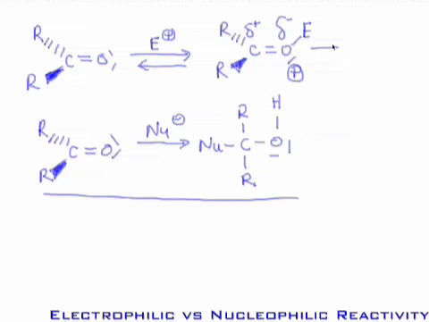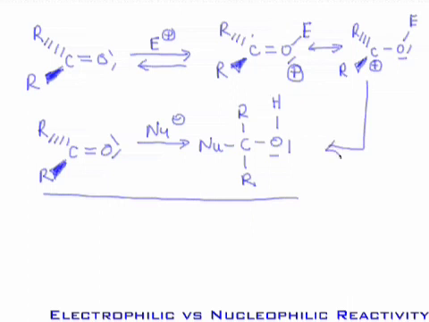Because I can draw a resonance structure, which would give me this, and I have a carbocation then, a resonance stabilized carbocation. And then the nucleophile attacks here.